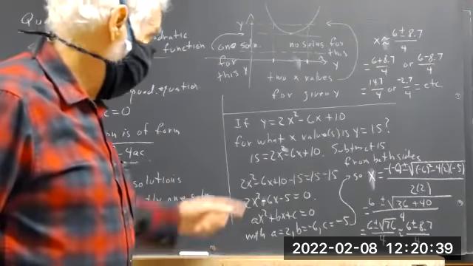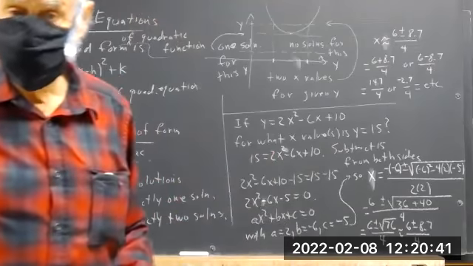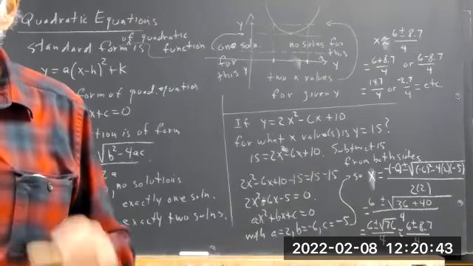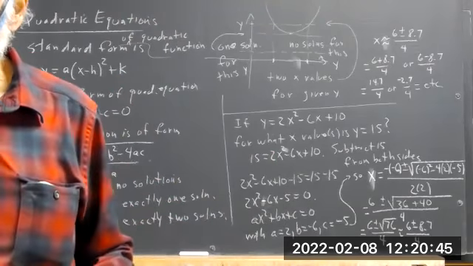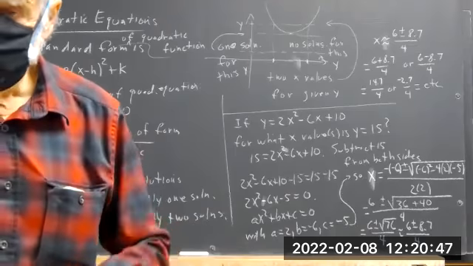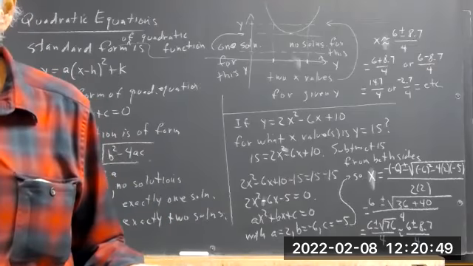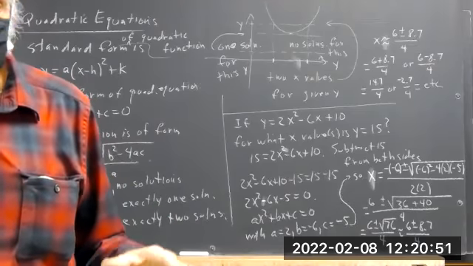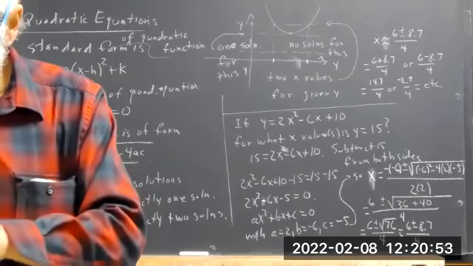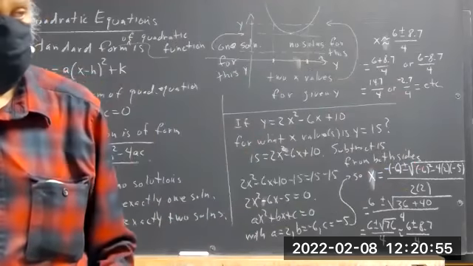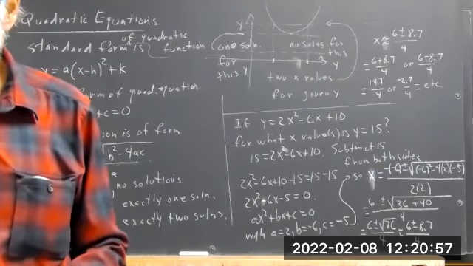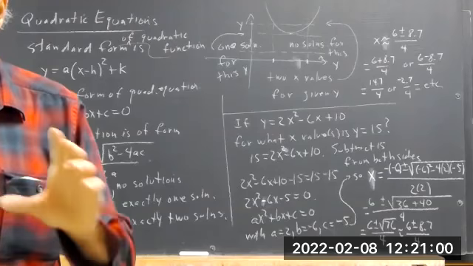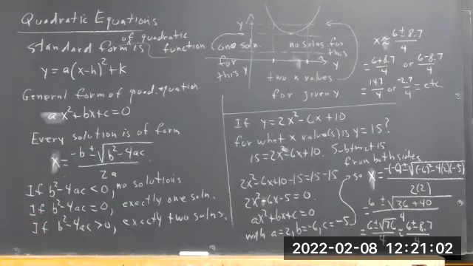So don't do that. Recognize when you have a quadratic equation and solve it appropriately. Don't try to use the tricks you use for linear equations, because the idea of putting your x's here and your numbers over here only works for linear equations.